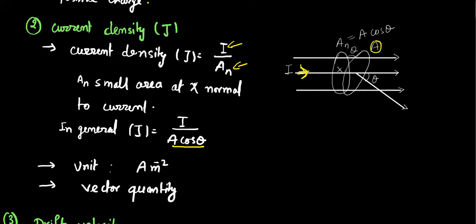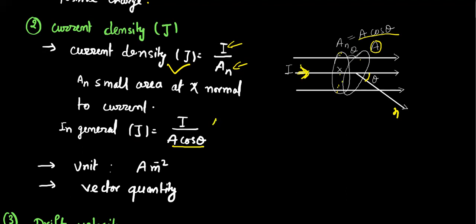In this figure we are clear that in the special case the formula is I upon A, but in general, if the angle made by the normal to the surface with the direction of current is theta, then its component will be A cos theta, which is perfectly perpendicular to the direction of flow of current.